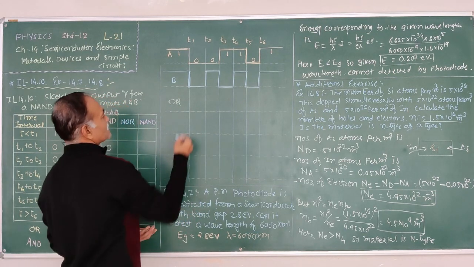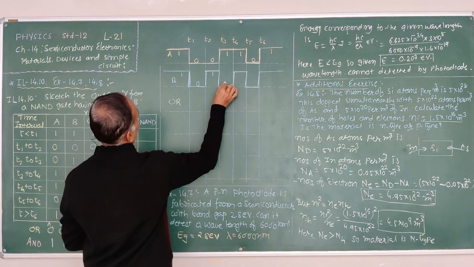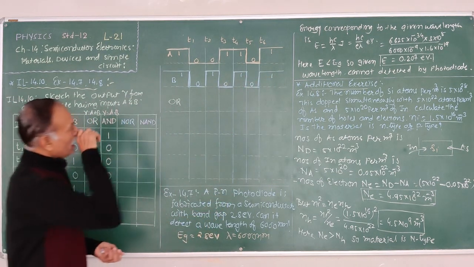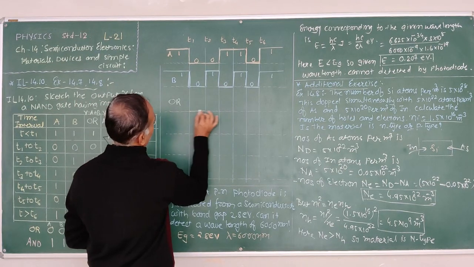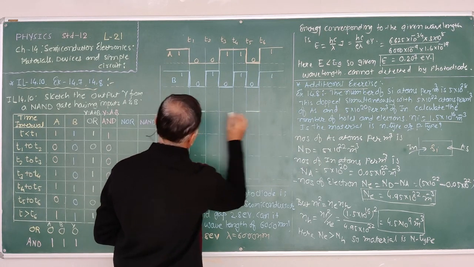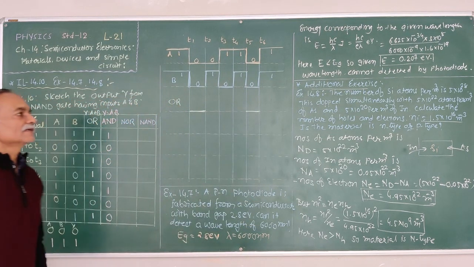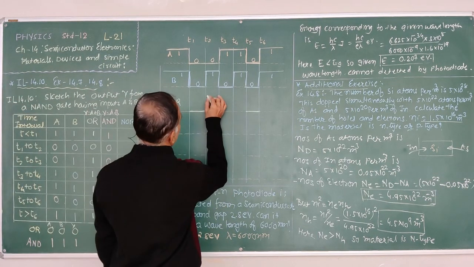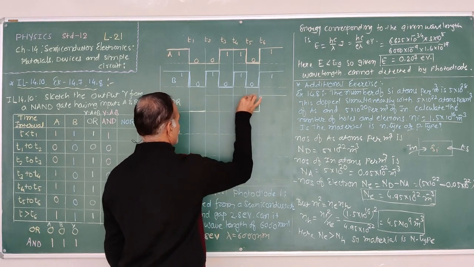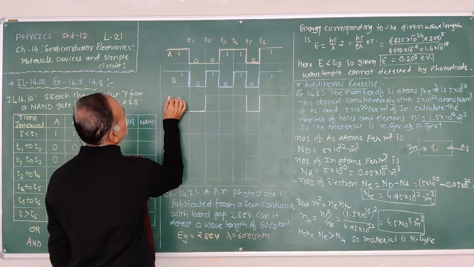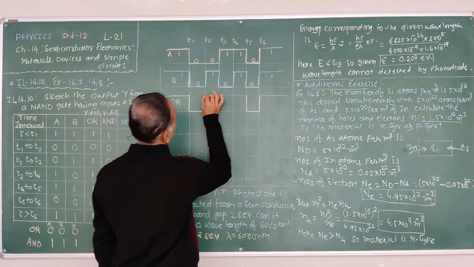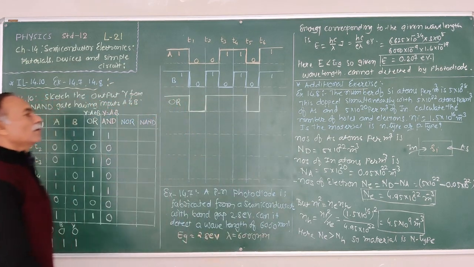For B, there is 1, 0, 1, 0, 1, 0, 1. Only for these two time intervals, the output is 0, otherwise 1. So that is the waveform of the OR gate.